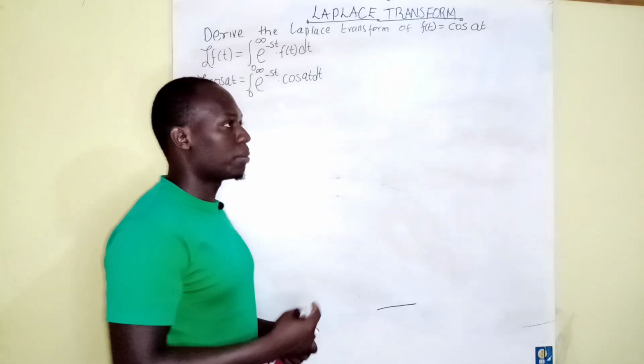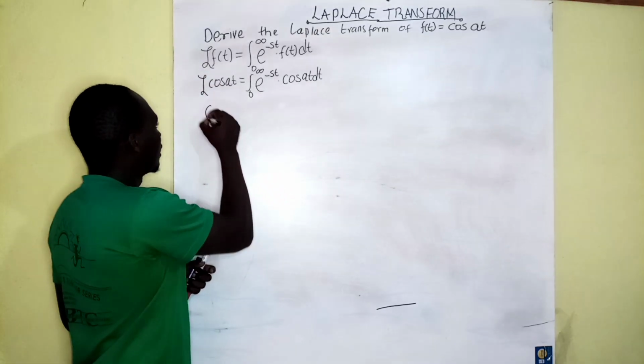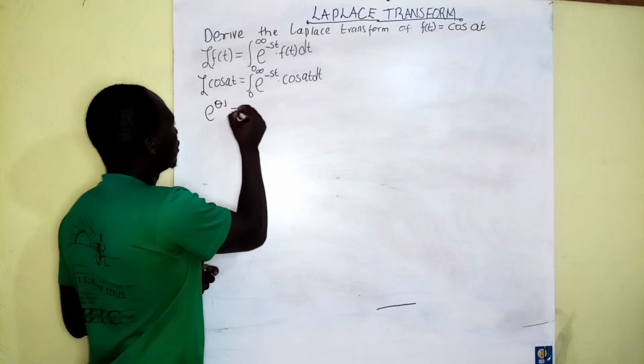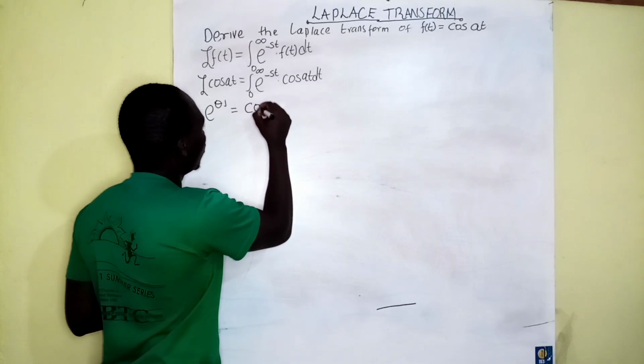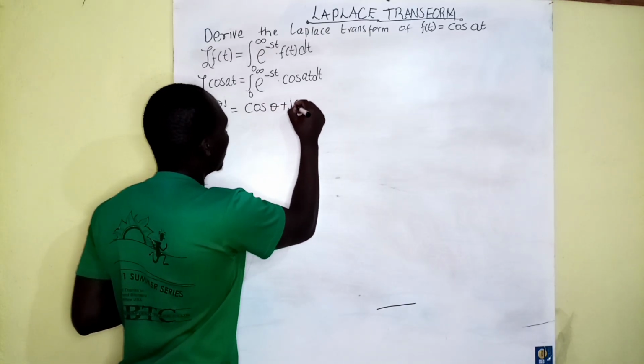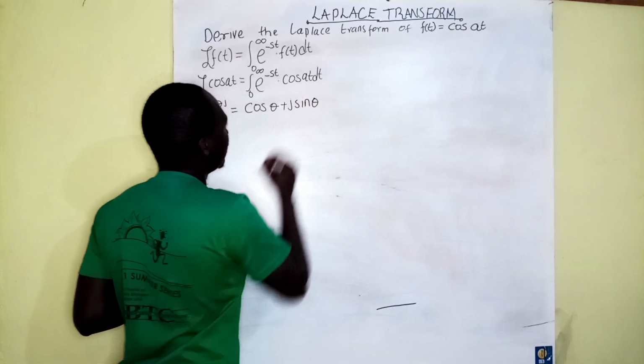And by the complex number formula, we understand that exponential theta j is equal to cos theta added to j sine theta.